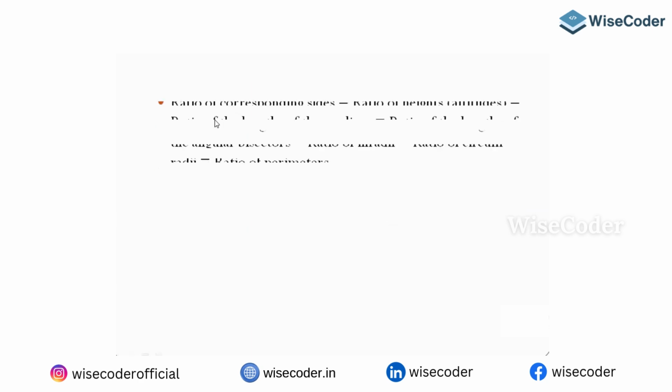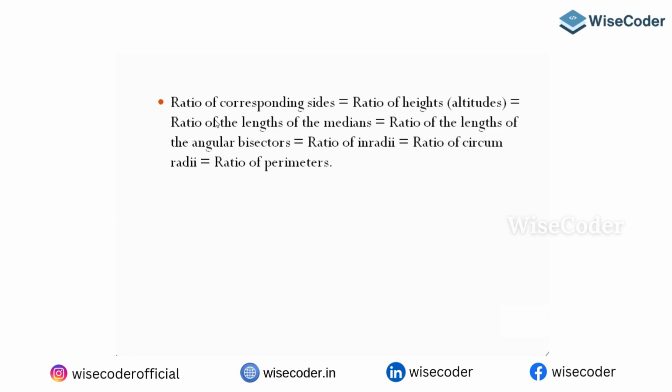The other two points are also very, very important, guys. The ratio of corresponding sides is equal to the ratio of heights, which are nothing but altitudes. That is equal to the ratio of the lengths of the medians, the angular bisectors, the inradius, the circumradius, and the perimeter.